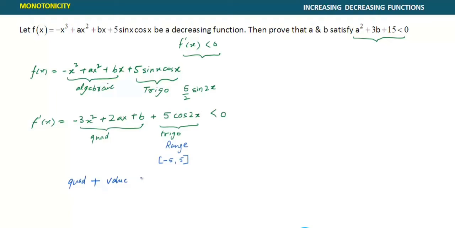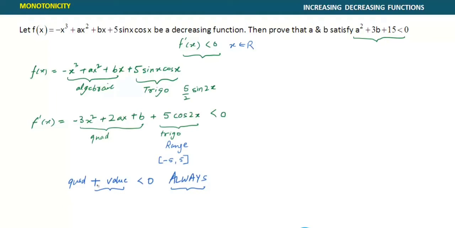You want this to be always less than 0, because it is given that the function is decreasing for all values of x belonging to R, right? So this quadratic should always be less than 0 irrespective of the value you add here.